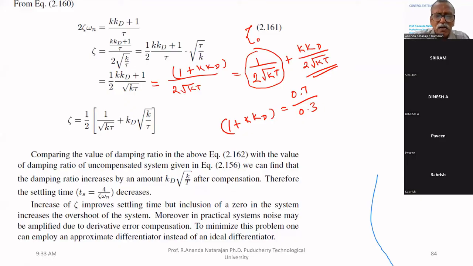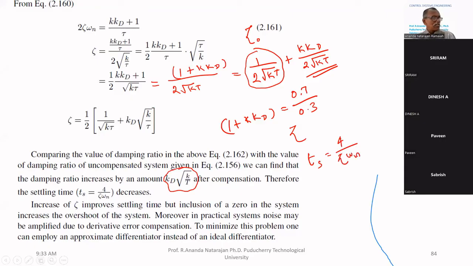So we can modify damping zeta. That's why, what is settling time? Ts equal to 4 upon zeta omega n.